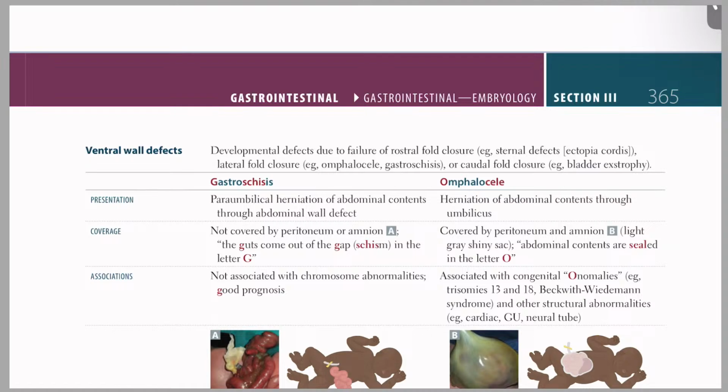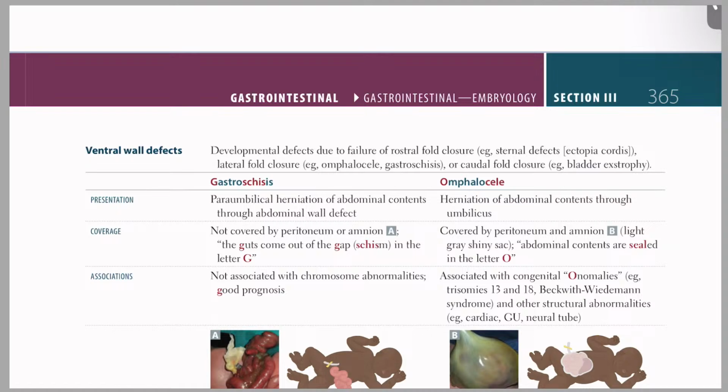Presentation, para-umbilical herniation of abdominal content through abdominal wall defect. Omphalocele, herniation of abdominal content through umbilicus. Coverage: not covered by peritoneum or amnion.